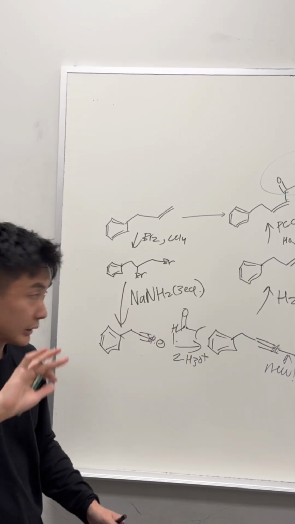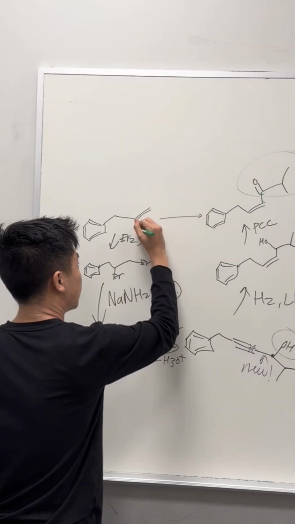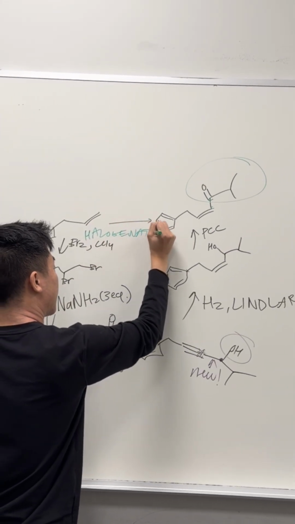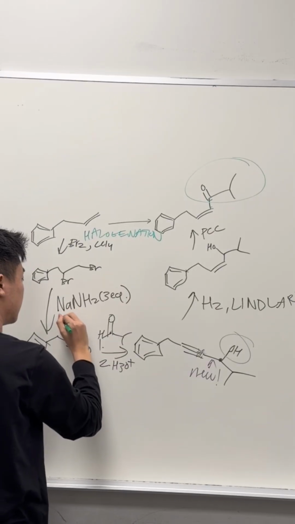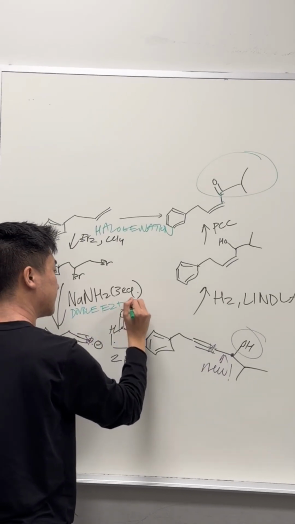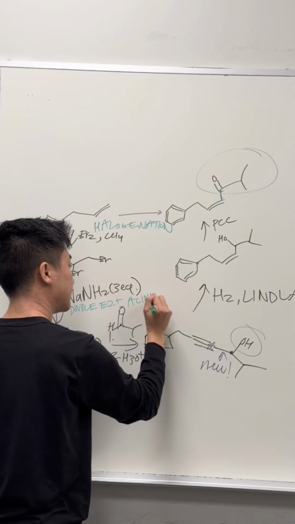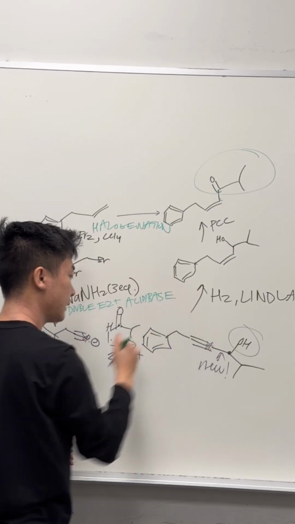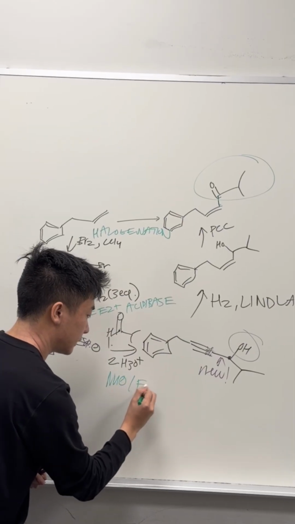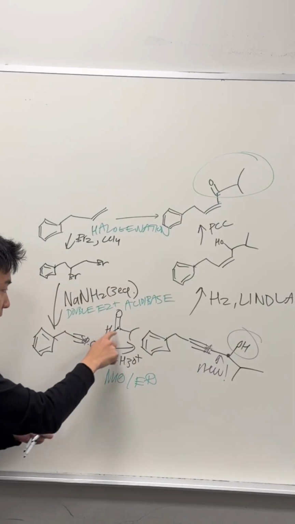So just to summarize everything for the synthesis problem, we did halogenation in the first step, and then we did double E2 plus acid-base reaction to get the alkynyl anion. And then we did nucleophile-electrophile reaction, where this is the nucleophile, this is the electrophile.